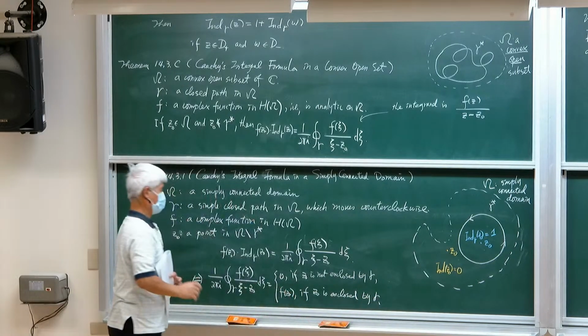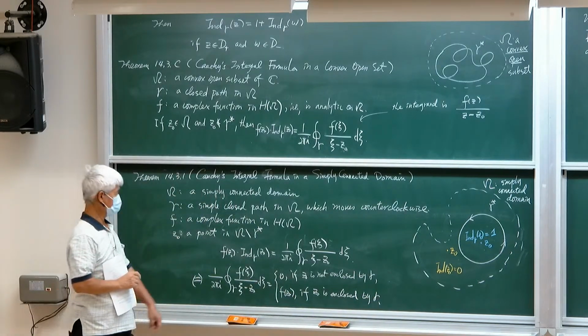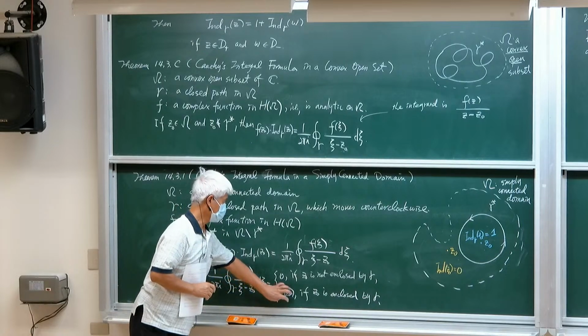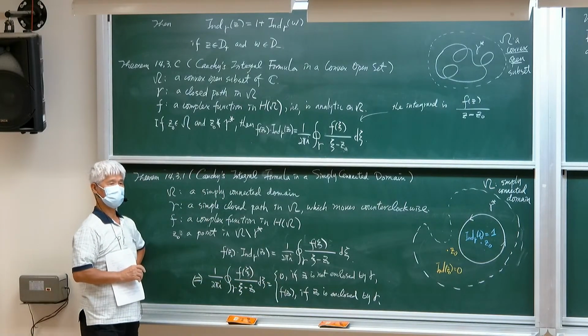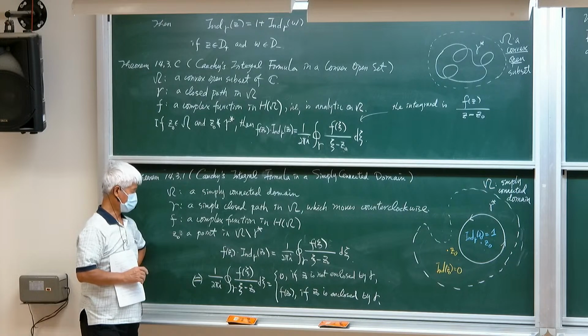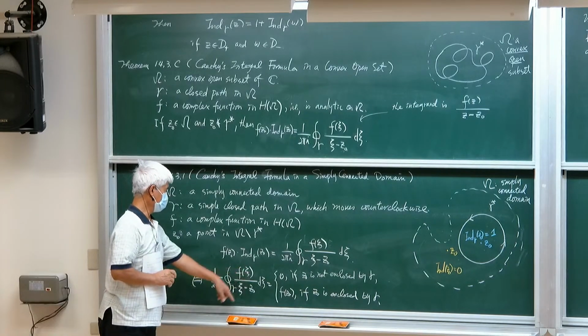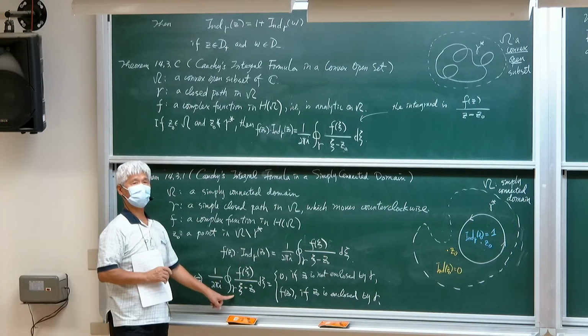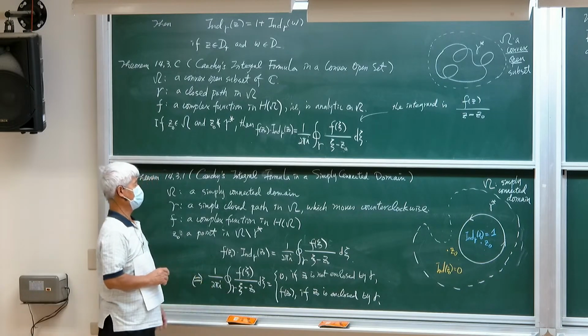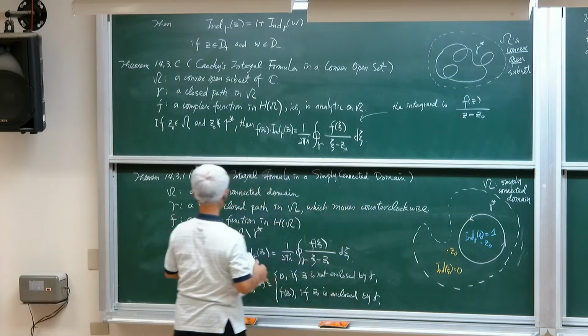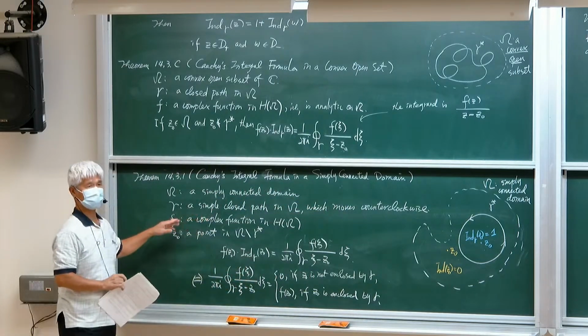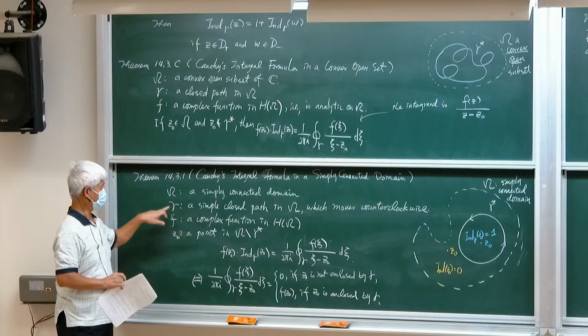Okay, so f(z0) can be evaluated by this line integral of this integrand over the simple closed path gamma here. Okay. So for a simply connected domain, the closed path we consider should be a simple one here. Okay.